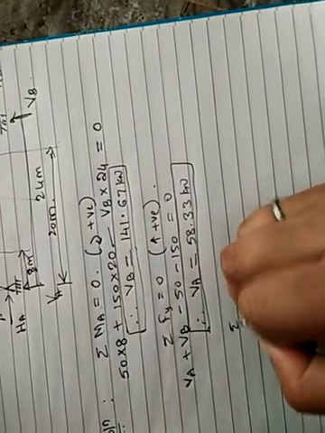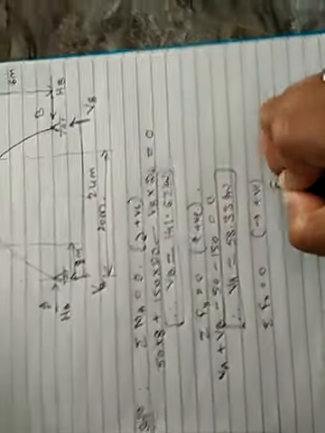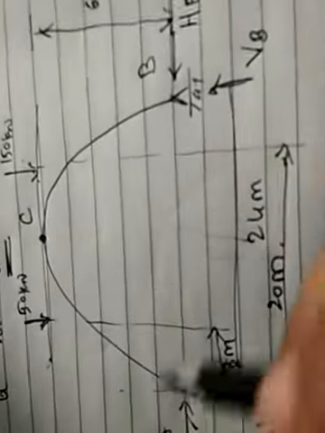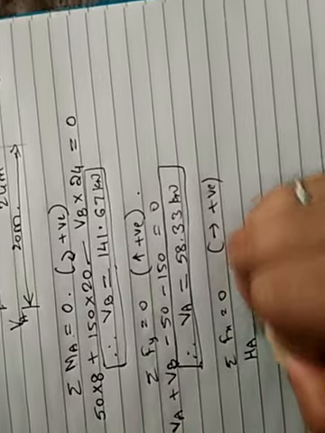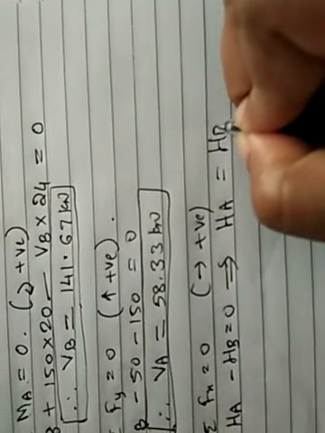If I write sigma Fx is equal to 0, then from the above diagram we have only two forces, HA and HB. So HA minus HB is equal to 0, which says that HA is equal to HB.